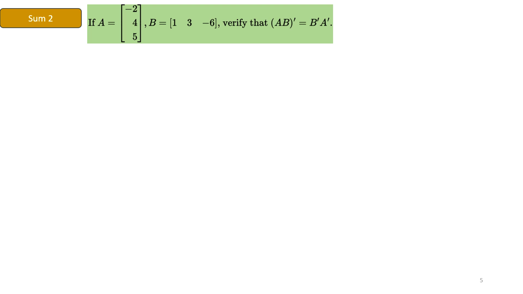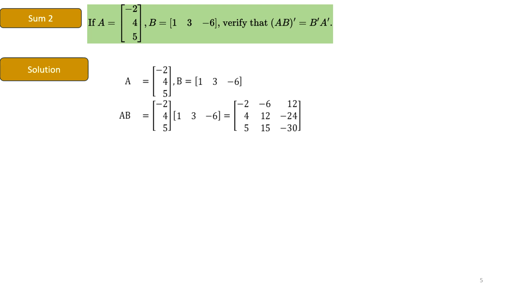Multiplying matrices A and B, we get the matrix A B as shown. Multiplying the matrices B transpose with A transpose, we get the result, which is equal to A B transpose.